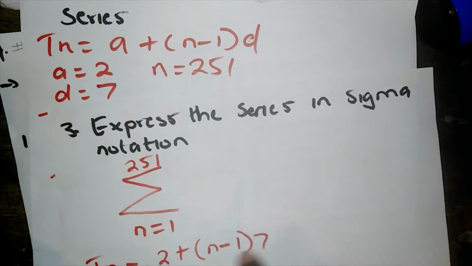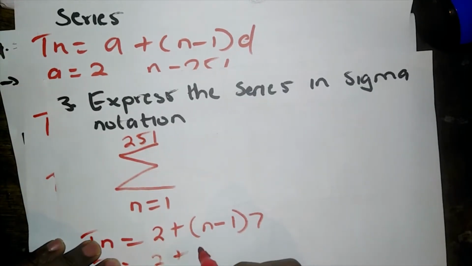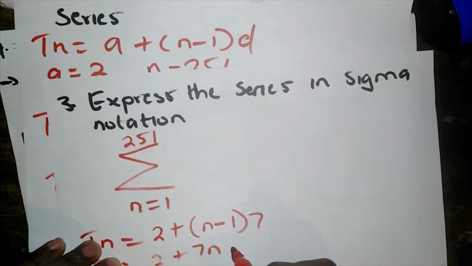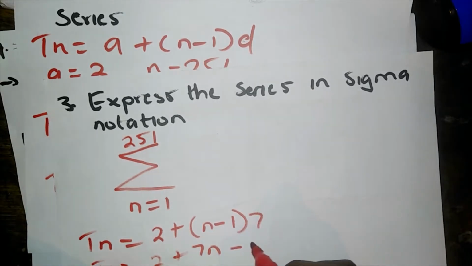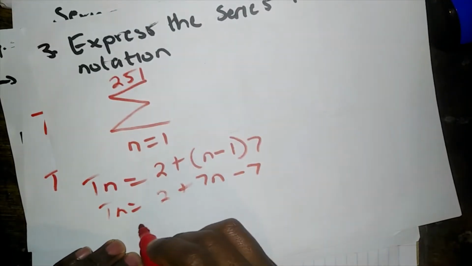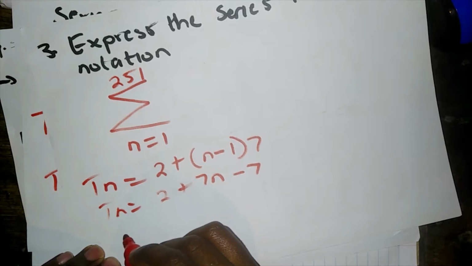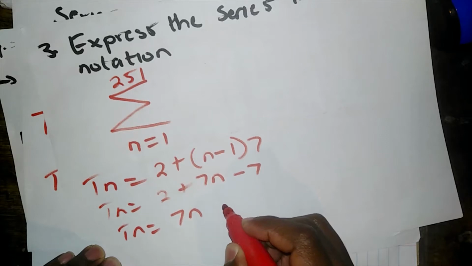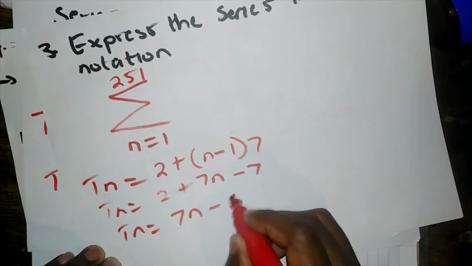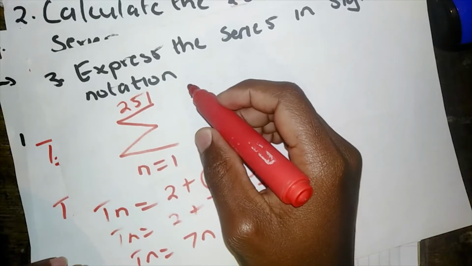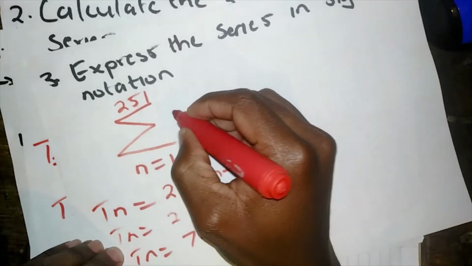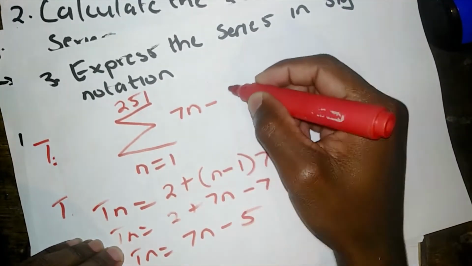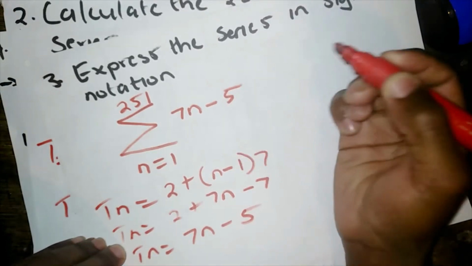So 7 times n is 7n. 7 times negative 1 is negative 7. Then 2 minus 7 is negative 5. So the formula for the term is 7n minus 5.